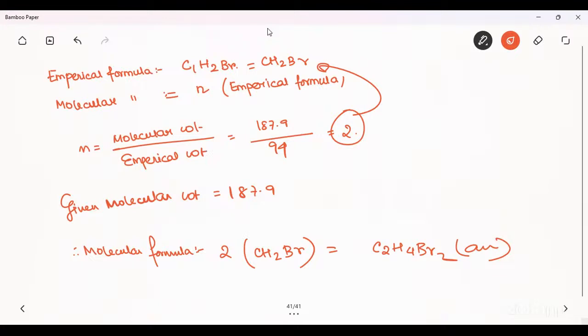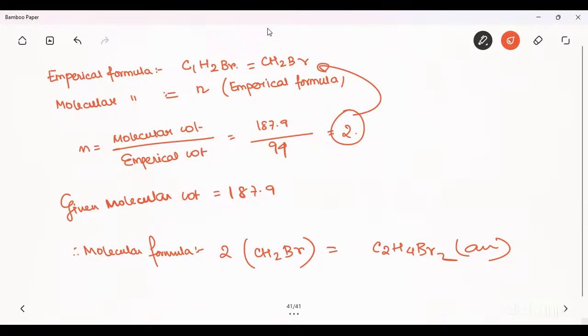This one question we have done already. If something more has come, the same type of empirical formula, molecular formula, they have asked quite a lot of times.